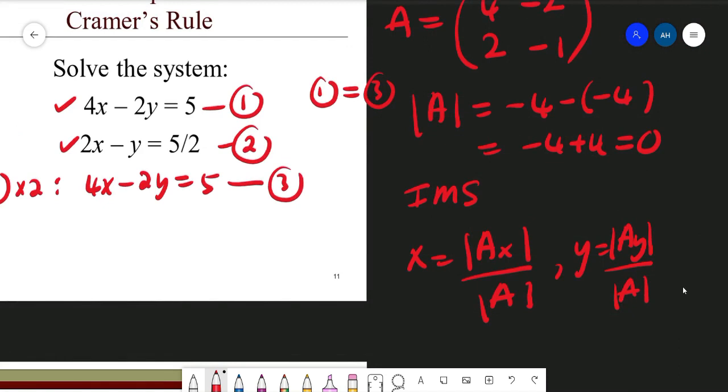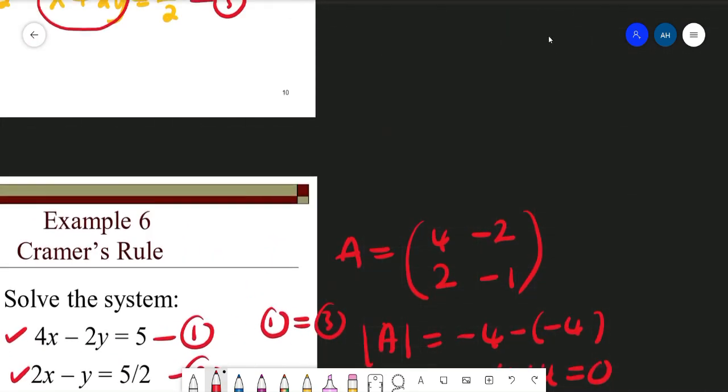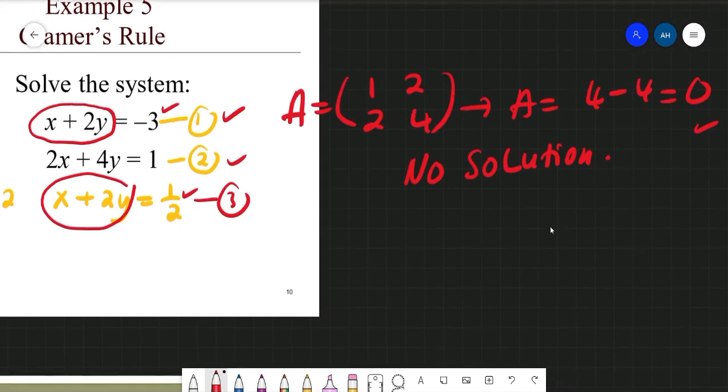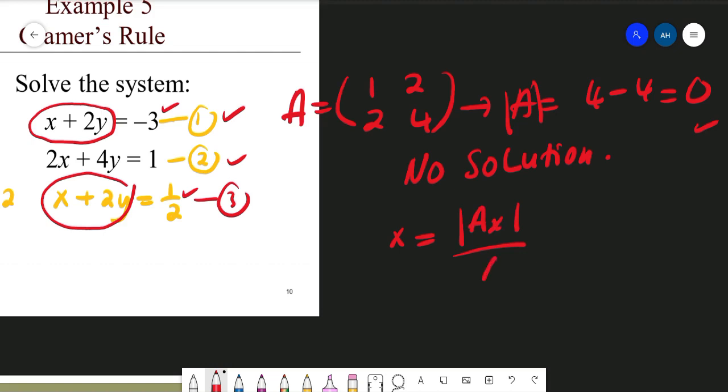We are dividing by 0, which is undefined. Now, for the case of no solution, the determinant of A is also equal to 0. So to find x, we are also dividing by the determinant of A, which is equal to 0, in which case it is also undefined.